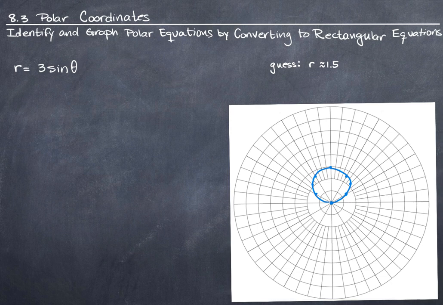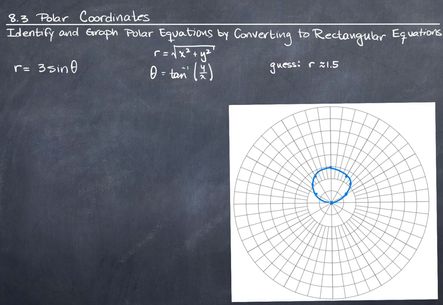But my point of this video, anyway, is to convert this into Cartesian or rectangular form. So let's do that. It's a little bit tricky, but it can be done. Let's start by remembering that r can be described as the square root of x squared plus y squared, and theta can be described as the tangent inverse of y over x.